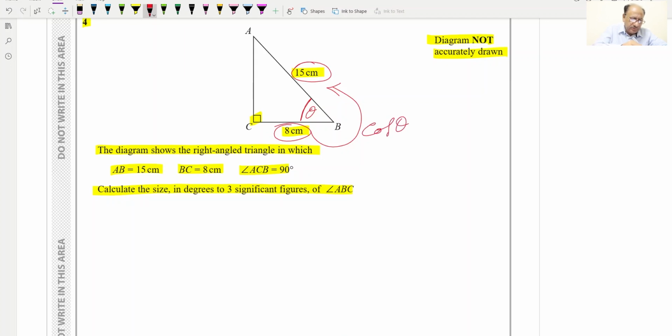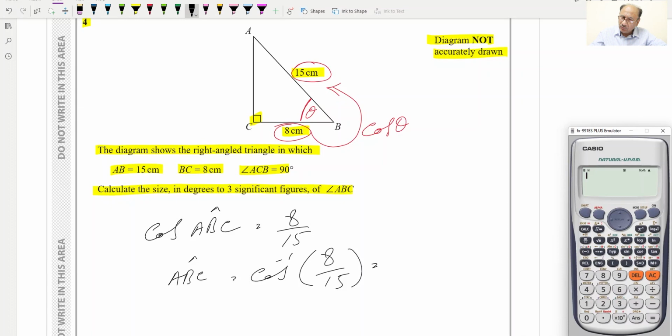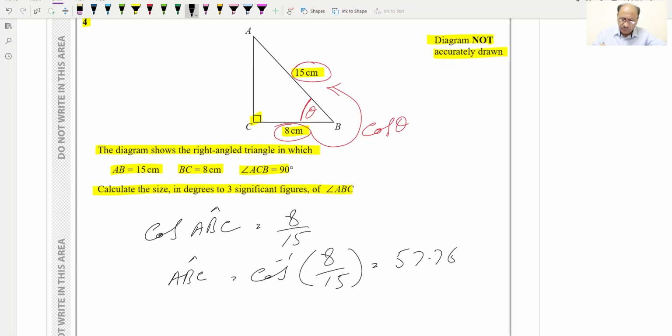So we can write cos of angle ABC equal to 8 over 15, and angle ABC will be equal to cos inverse of 8 over 15, which is equal to 57.769.